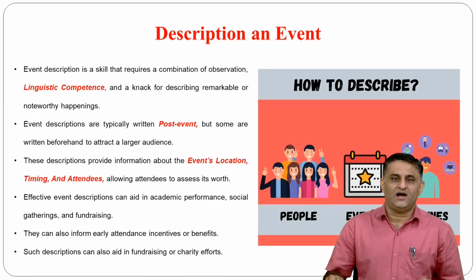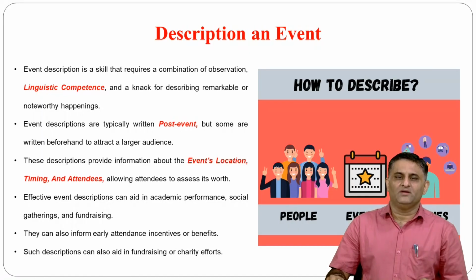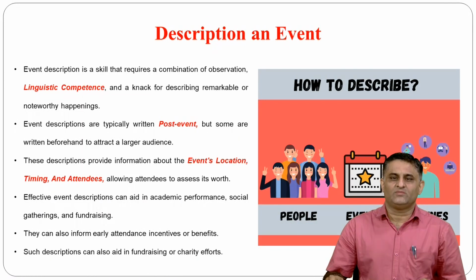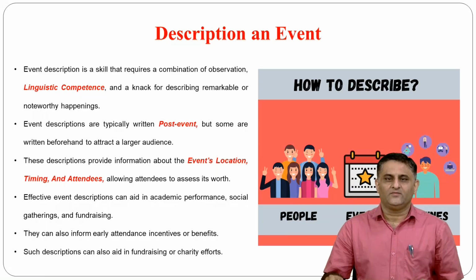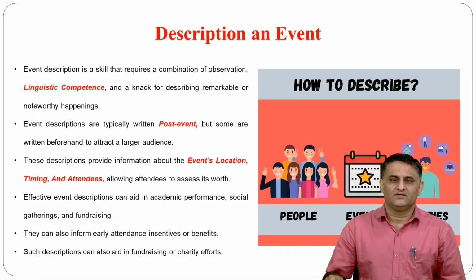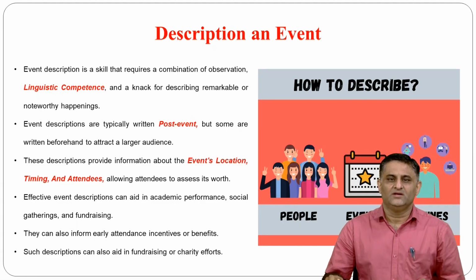Some descriptions are written before the event to attract people, while others are written afterward to summarize what happened. A well-written event description helps in academic work, social gatherings and fundraising efforts, and can also encourage early participation by informing attendees about special incentives or benefits.